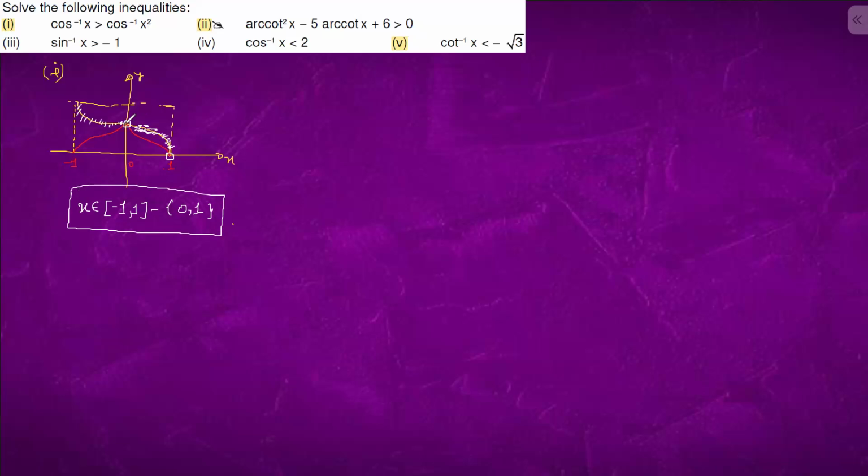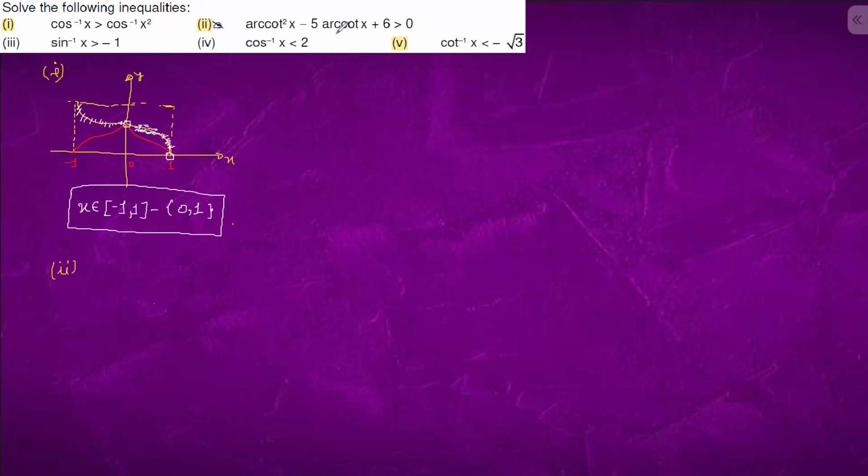By the graph we can see this. At 1, cos inverse 1, y is 0. So this is the value we are getting. We'll move to question number 2.